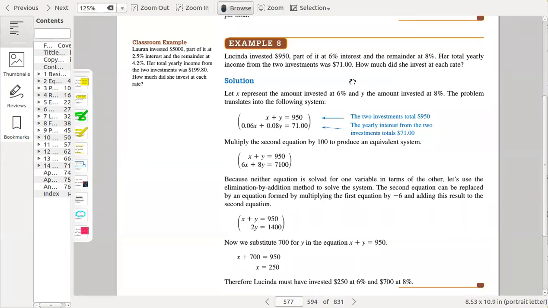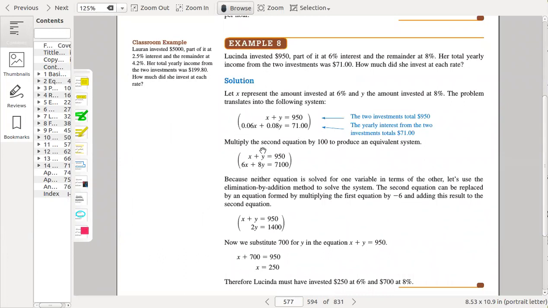And then this 6% can be written as 6 by 100, so you will have 0.06, and 8% can be written as 8 by 100. So 0.08y will be equal to the total interest, 71.